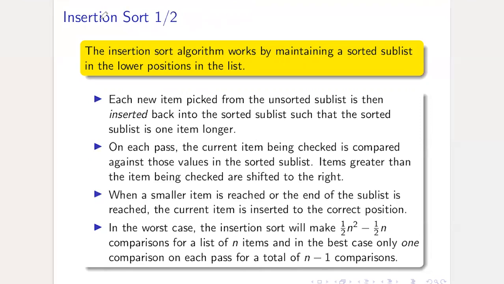For insertion sort, the worst case scenario is where you will be doing comparisons every time. When you have a list of n items, it could be like the bubble sort being done, with just the comparisons.